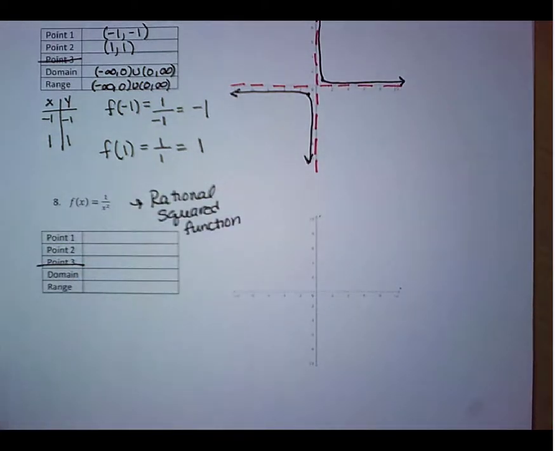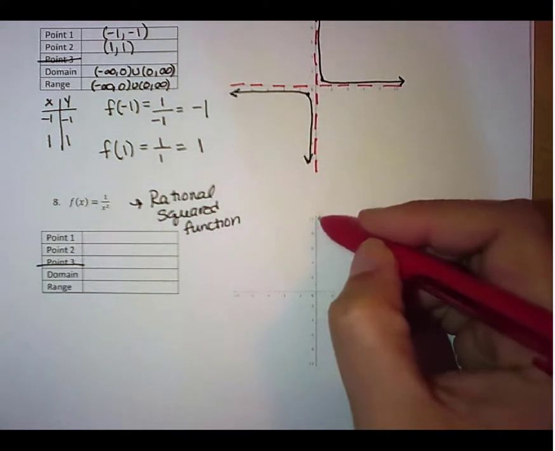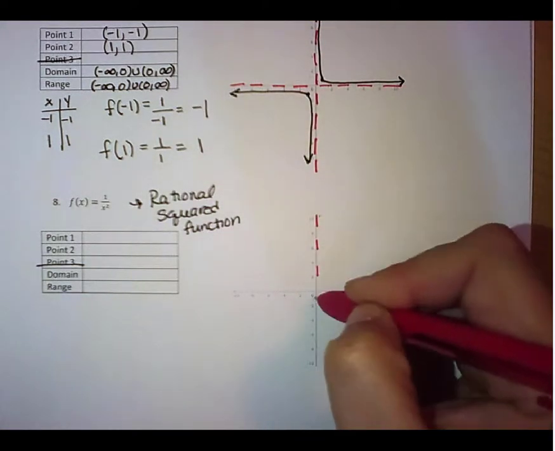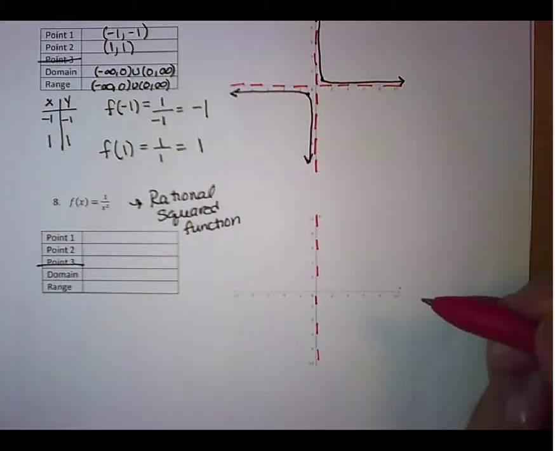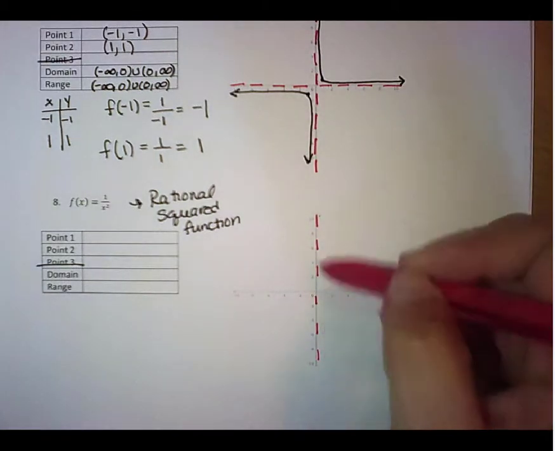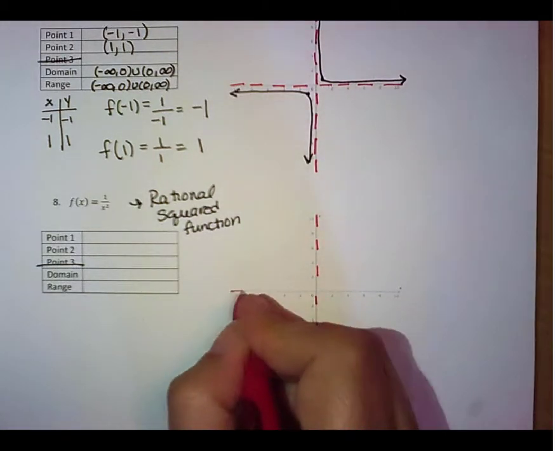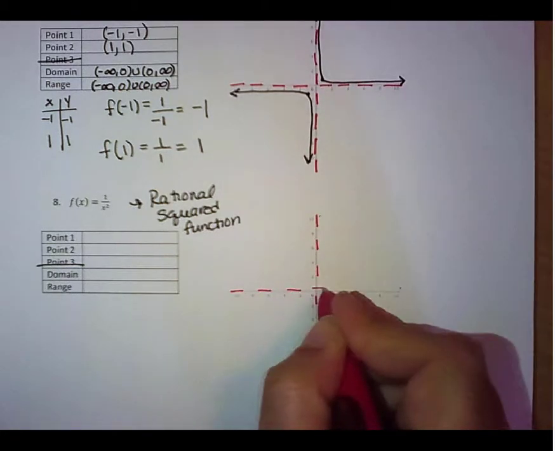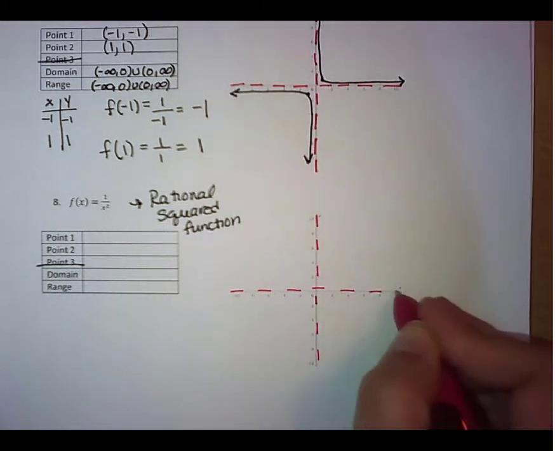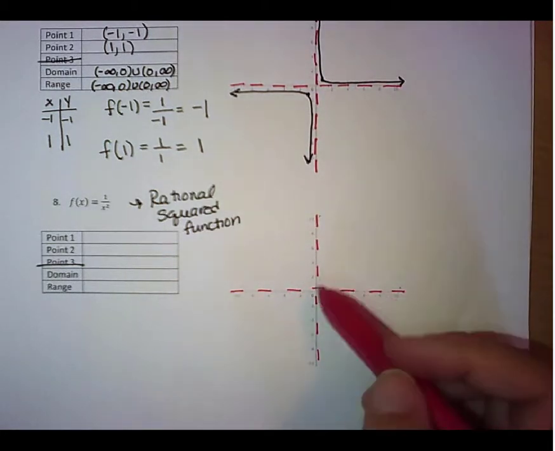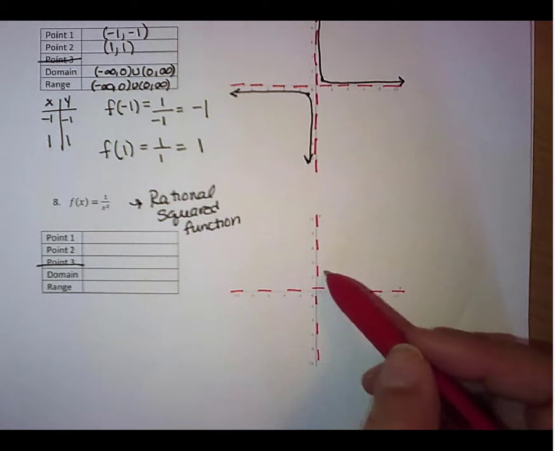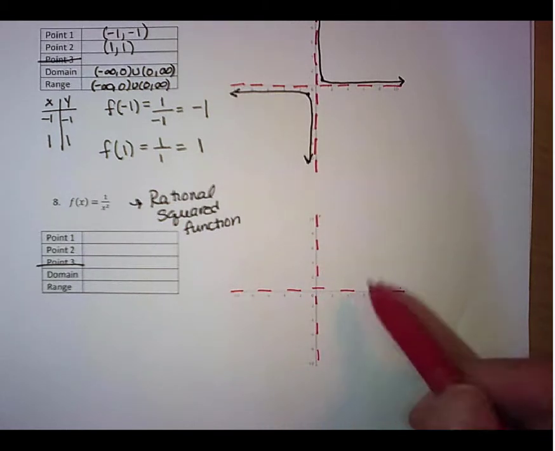Which also means for this graph, I have that same dashed vertical line right at my y-axis, and I actually have the same exact line here at my x-axis. So I cannot cross over my y-axis, and I cannot cross over my x-axis.